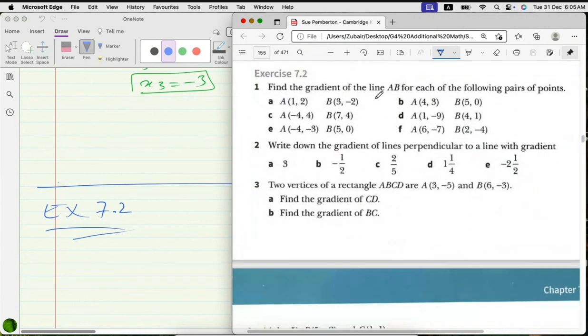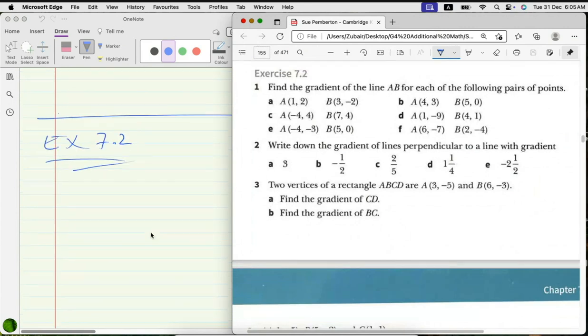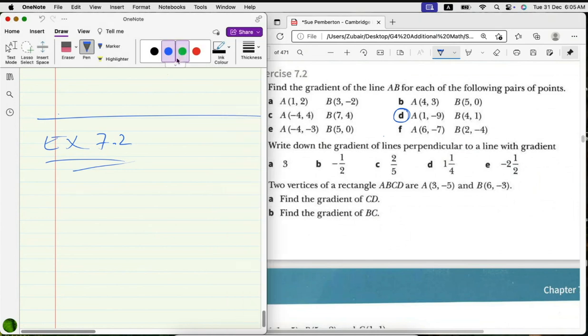7.2, find the gradient of the line AB for the following pairs of points. That's an easy task. Let's just quickly do part B. So it just asks us to find the gradient. The points are 1, minus 9, and 4, 1.